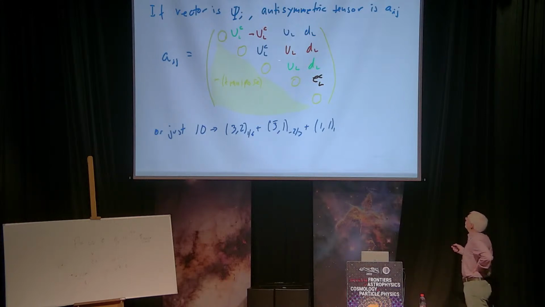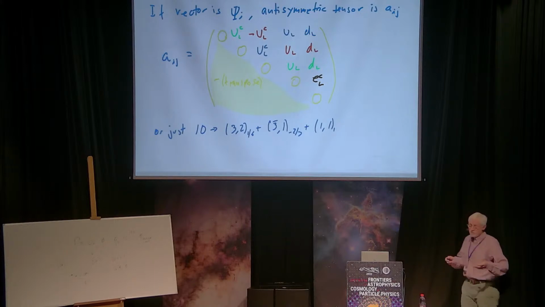And here's how things fit in. You might recognize these as the doublet of quarks, the left-handed fields. This is the upper part of the doublet, this is the lower part of the doublet, and it comes in 3 colors each. The right-handed up quarks, which are singlets, it's again the charge conjugate that holds here, which is a left-handed field.